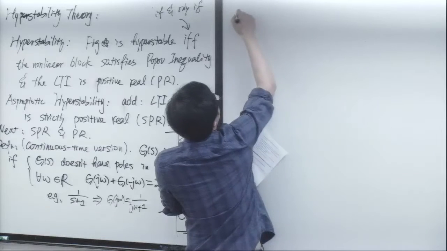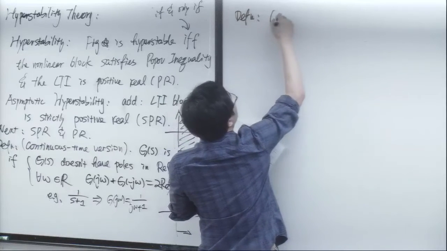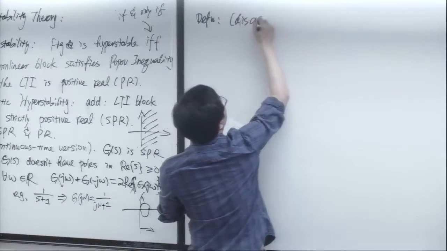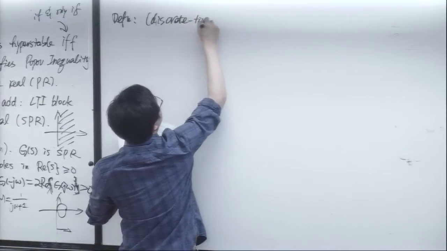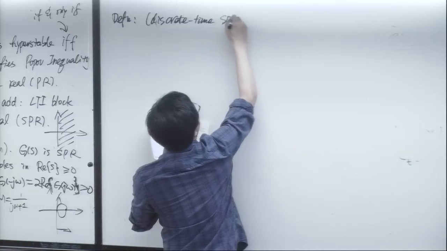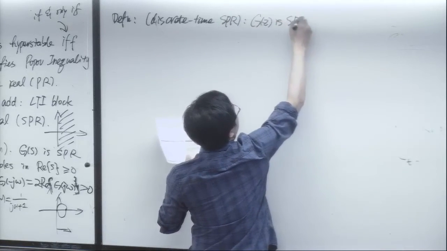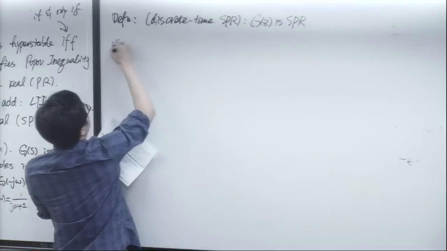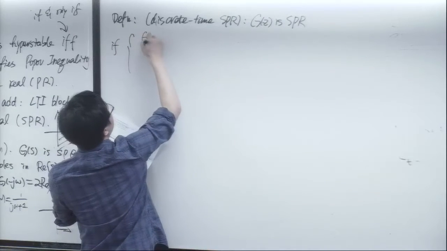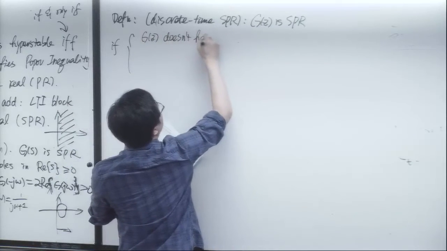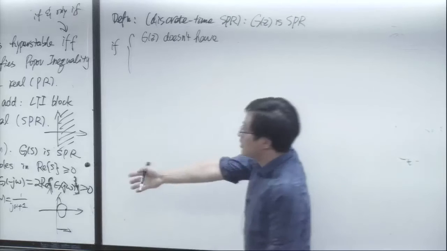For the discrete time version, it's similar. We say a transfer function G(z) is SPR if it satisfies two conditions. First of all, G(z) doesn't have unstable poles, essentially.